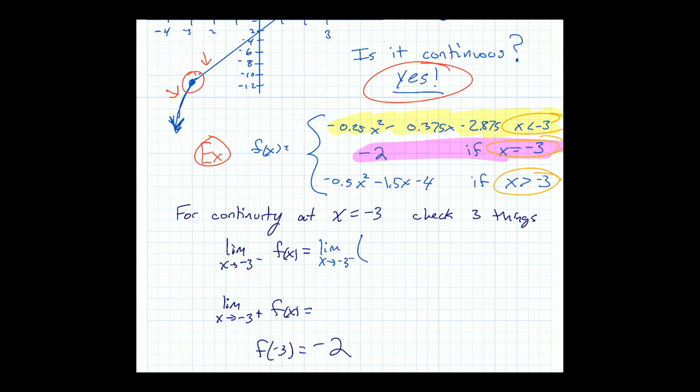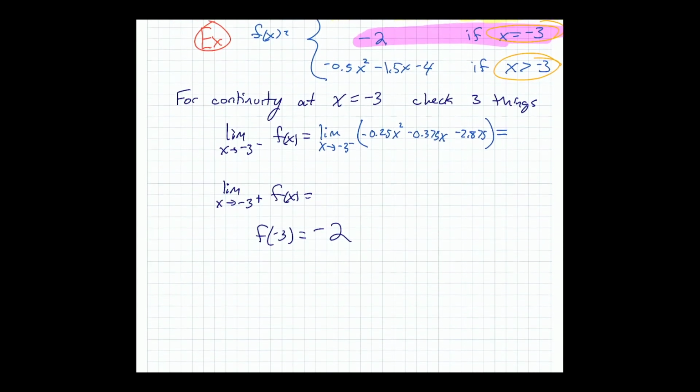So you substitute in that formula here, negative 0.25x squared minus 0.375x minus 2.875. And in order to evaluate that limit, because it's just a polynomial, you're just going to plug in minus 3.